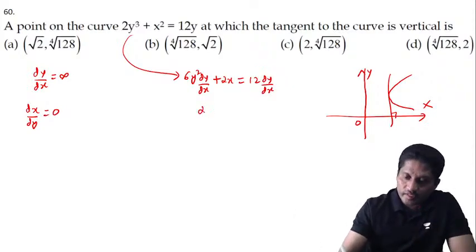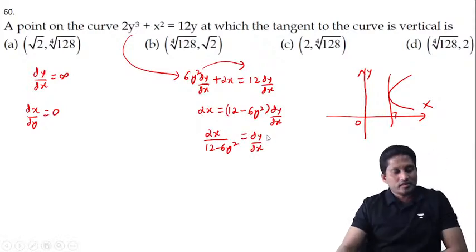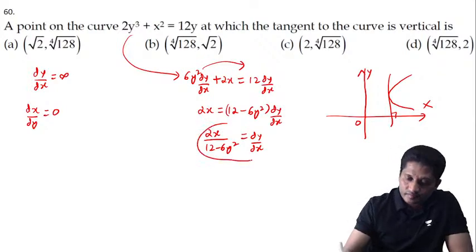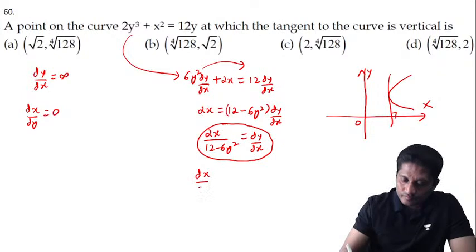Alright, now this is 2x is equal to 12, shift on the right side, minus 6y square into dy by dx. 2x divided by 12 minus 6y square is equal to dy by dx. Now if I reverse this, dx by dy will be equal to 12 minus 6y square upon 2x.